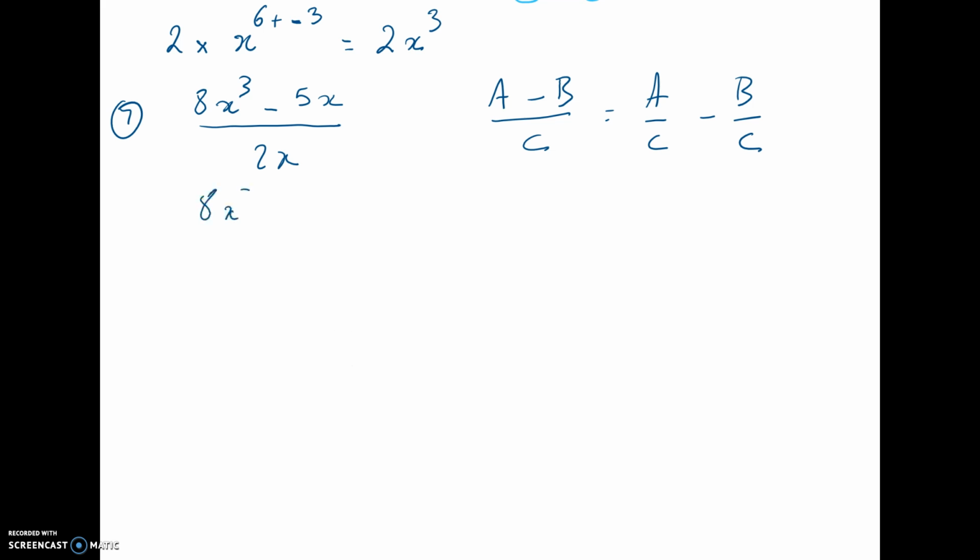So I get 8x cubed over 2x minus 5x over 2x. I can simplify the x right here, divide out the x right there, but I can also divide 8 by 2, which equals 4. And so the answer is going to be 4x squared minus 5.